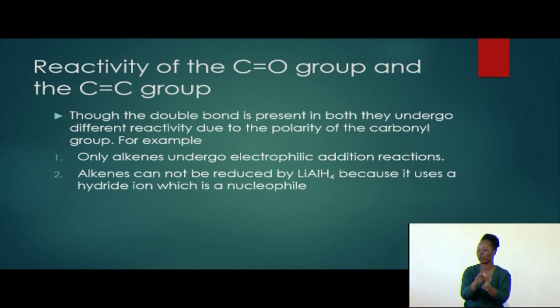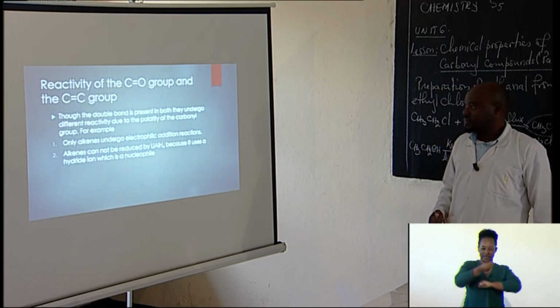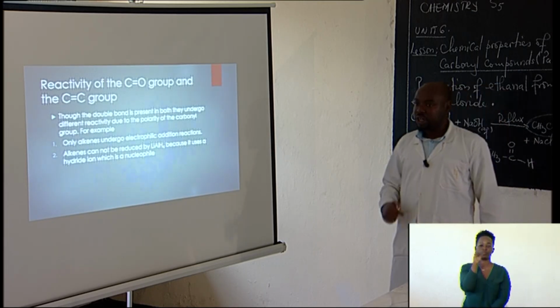It is different because the polarity of the two bonds are different. And though the double bond is present in both groups, they undergo different reactivity due to the polarity of the carbonyl group.